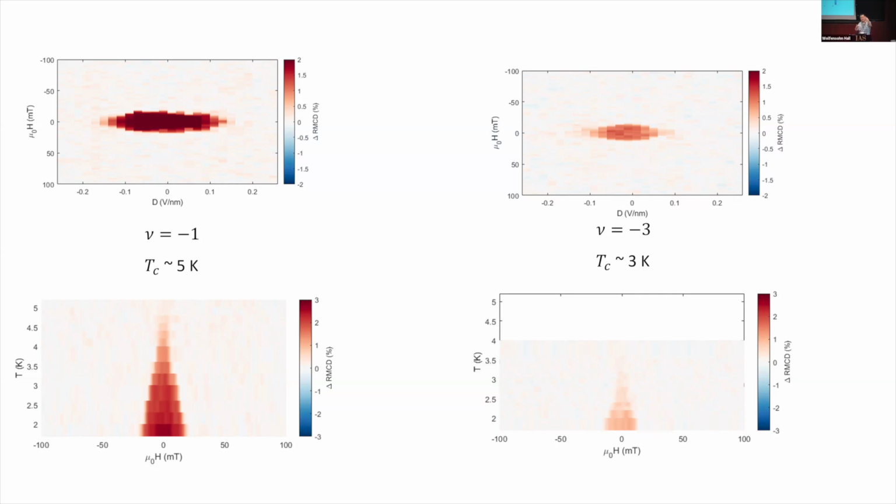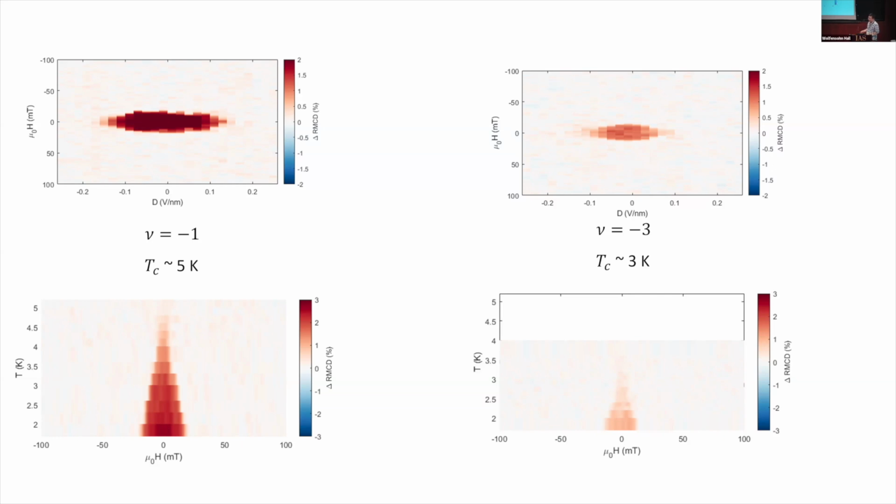When you reduce the twist angle, you enlarge the moiré size, so the carrier density, or the separation between the carriers in the moiré orbitals, becomes larger and larger. Therefore the exchange interaction becomes smaller for smaller twist angles. That's the reason why the Curie temperature reduces as we reduce the twist angle.